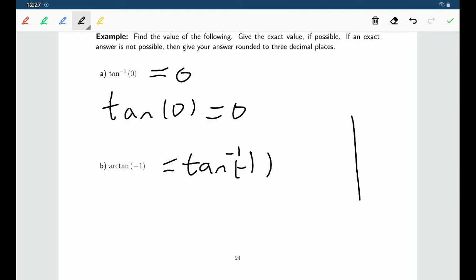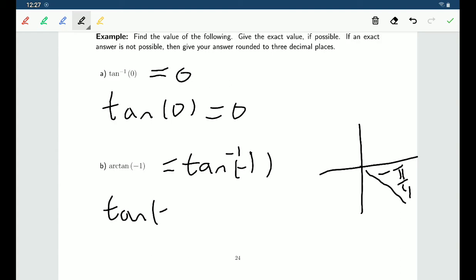So you know that pi over 4 would be where tangent has a value of +1, and then in quadrant 4, negative pi over 4 would be the angle where tangent has a value of -1, because that's the quadrant where tangent is negative. So we know that tangent of negative pi over 4 is -1, so that means tangent inverse of -1 should be negative pi over 4.